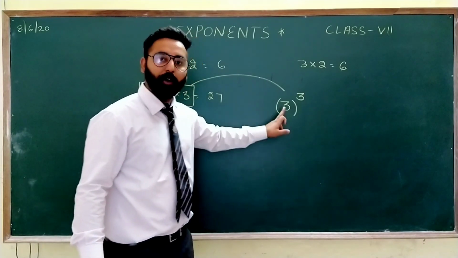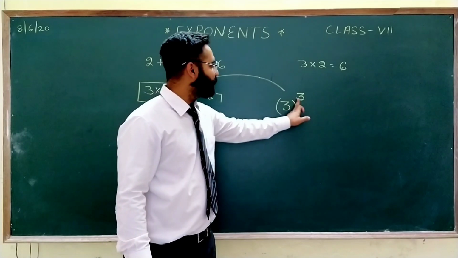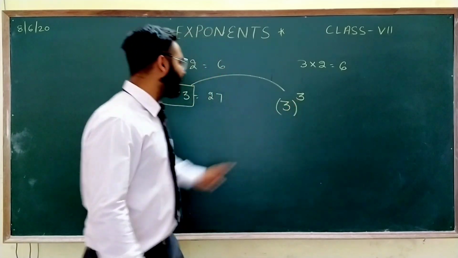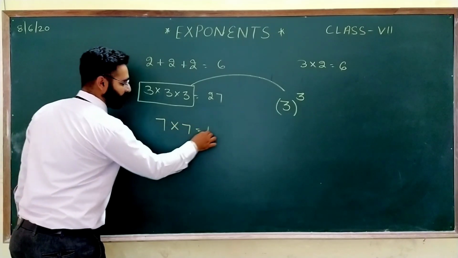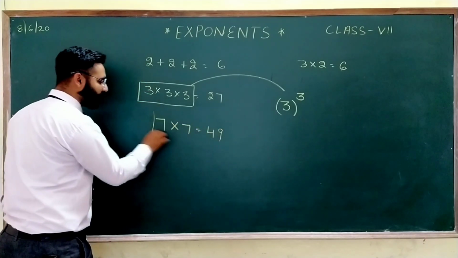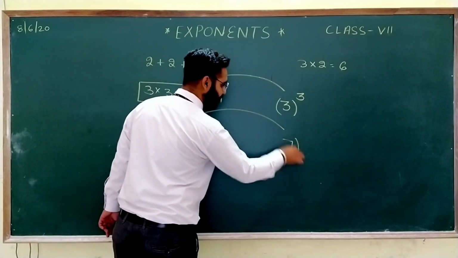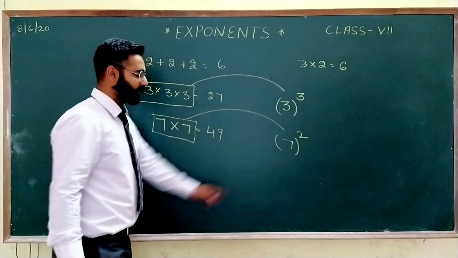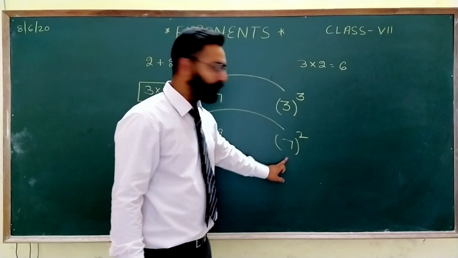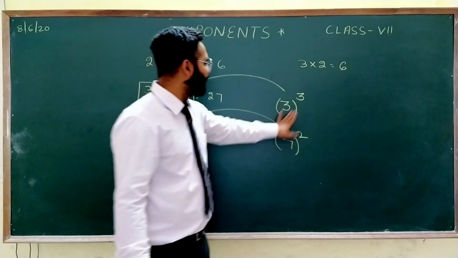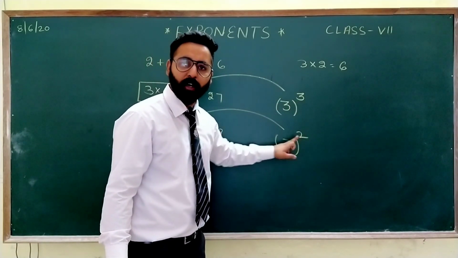How to read it? We can read it as 3 raised to power 3. Let us take one more example: 7 raised to power 2, or 7 square. Now what is 3 cube, 3 raised to power 3, or 7 square, 7 raised to power 2?